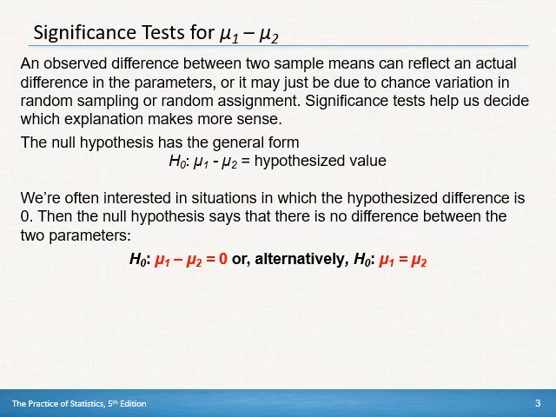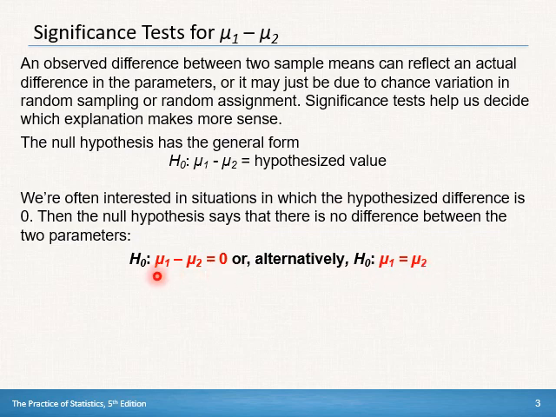Now, when we did difference in proportions, we said we're going to limit ourselves to only looking at 0. Here, we could potentially look at something other than 0. Most of the time, the hypothesized difference in the two population parameters will be 0, but it doesn't have to be.